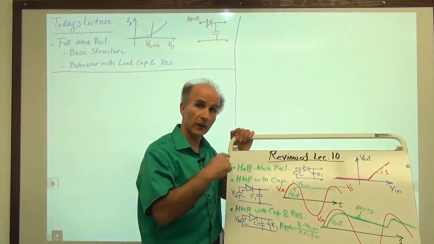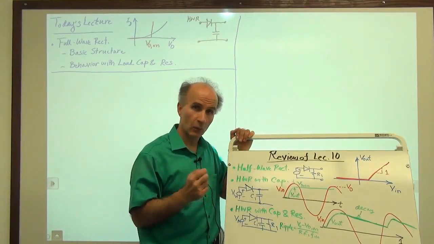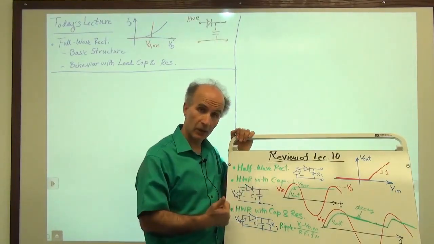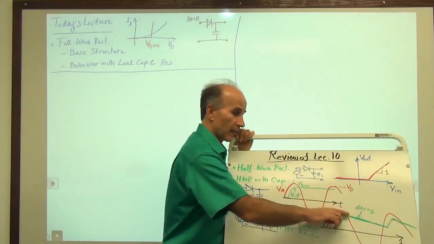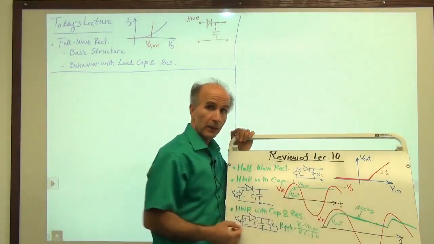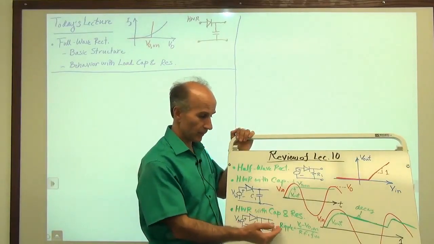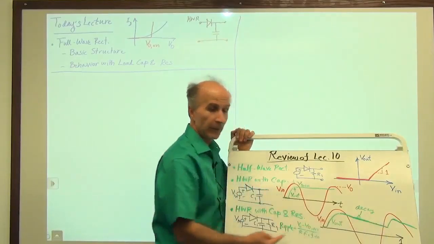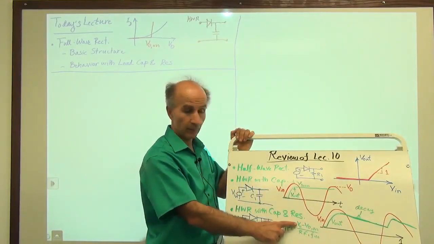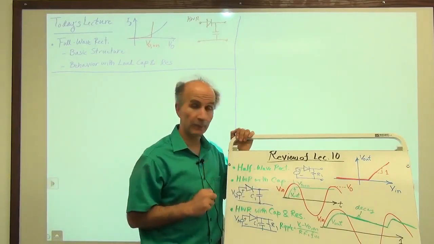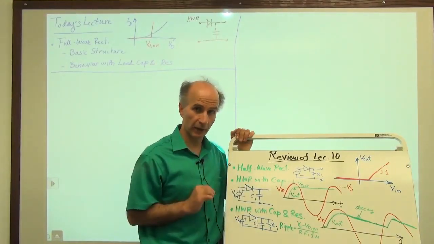So now the output has some variation in it, which we called the ripple. In fact, using some approximations, assuming that this decay is very slow and this ripple is very small, we saw that the ripple amplitude, peak-to-peak from here to here, can be approximated by this simple equation. All right, so this is what we learned from studying the half-wave rectifier.